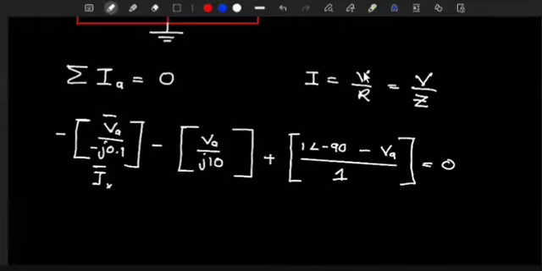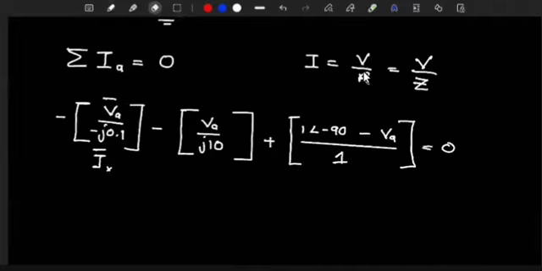So now we just have to simplify this expression. How will you simplify? J first can go up. For these terms where J is in the denominator, J can go up.